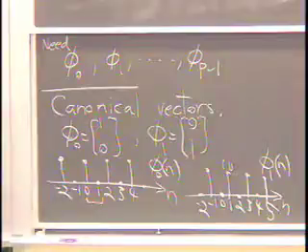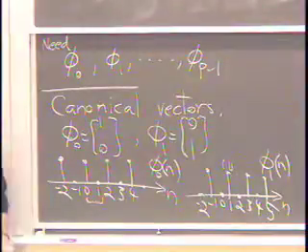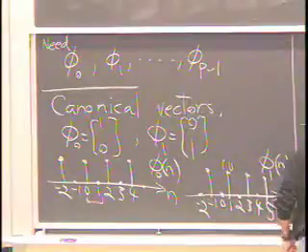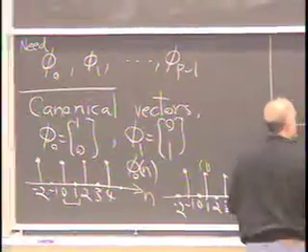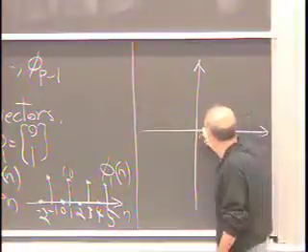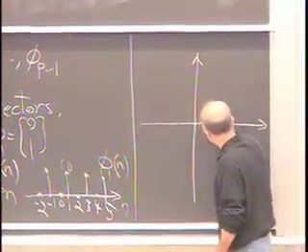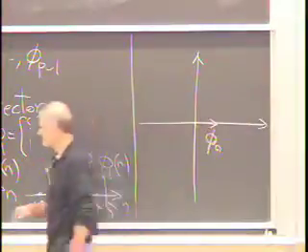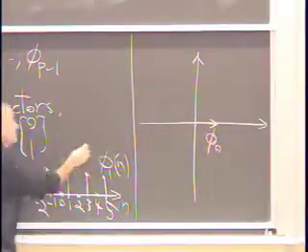And we gave this whole thing a geometric interpretation in two-dimensional space. So we looked at the two-dimensional space. And we had the first canonical vector, phi0, and we had the second canonical vector, phi1.